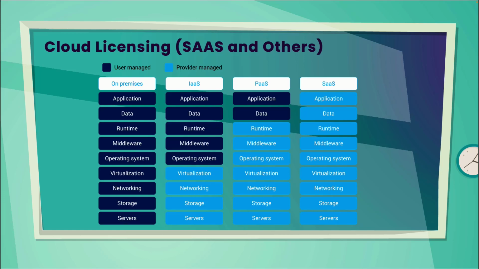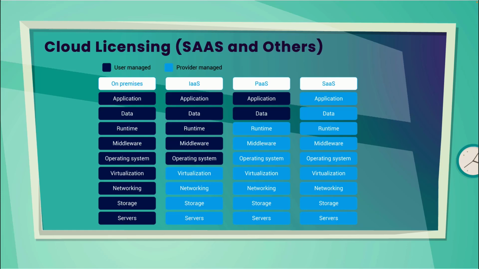On the cloud, we have various offerings. We have IaaS or infrastructure as a service, PaaS or platform as a service, and SaaS, which is software as a service. On this slide here, you can see the responsibility levels under each model. So on-prem, you are responsible for the whole stack, from the application to the servers. The dark blue represents the user managed responsibilities.